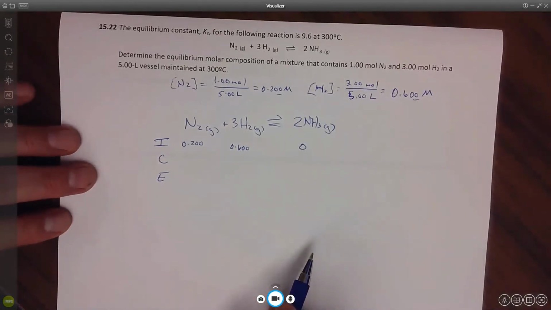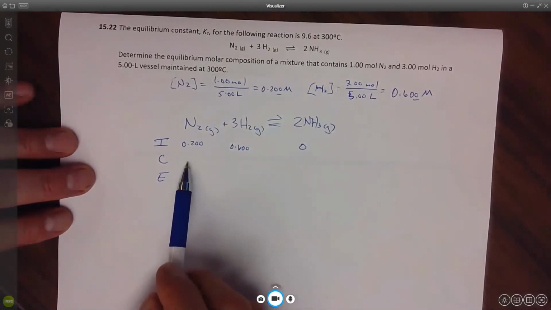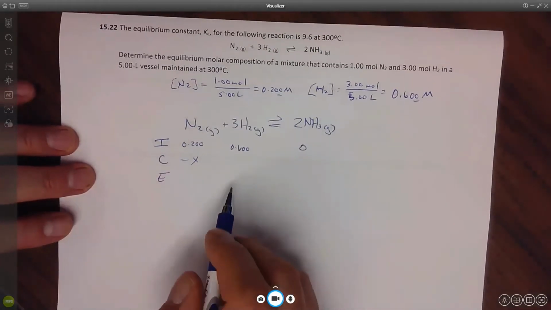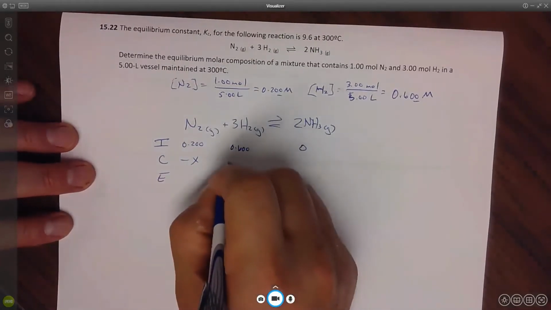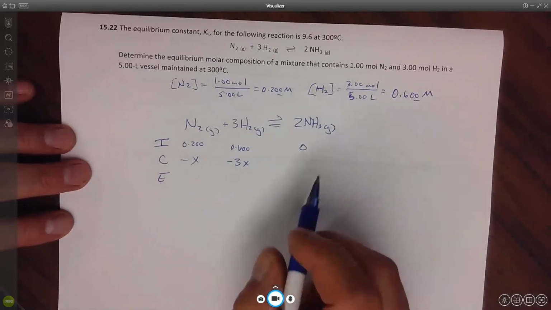So our change, Keenan, what's my change going to be in nitrogen? So you're going to be minus just X there. Okay. Hydrogen? And then minus 3X. Yep. And the ammonia. And then plus 2X.